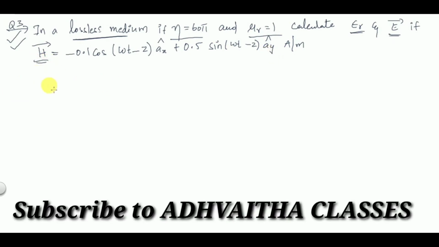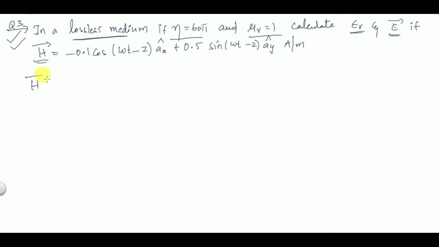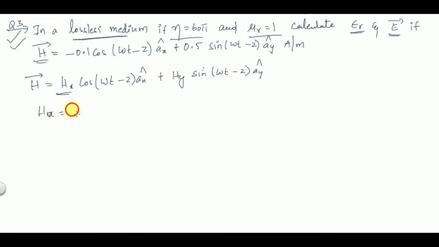So the magnetic field intensity will be Hx cos of omega t minus z ax cap plus Hy sin of omega t minus z ay cap, right? Here Hx is equal to minus 0.1 and Hy is 0.5.